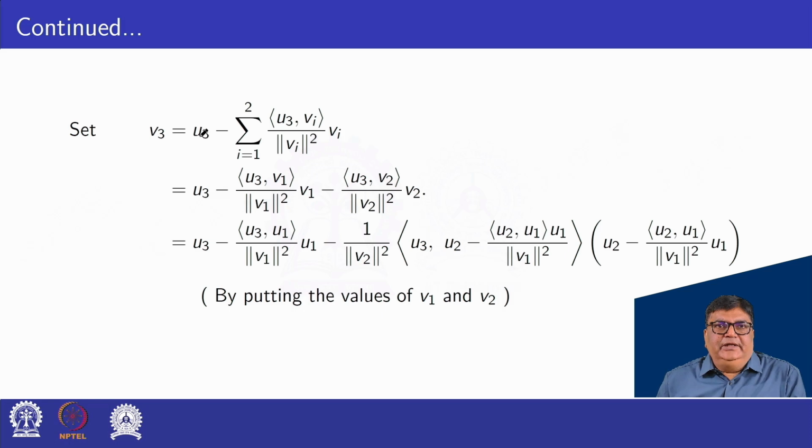Set V3 = U3 minus the summation, i = 1 to 2, of the inner product of U3, Vi upon norm of Vi squared, into Vi.